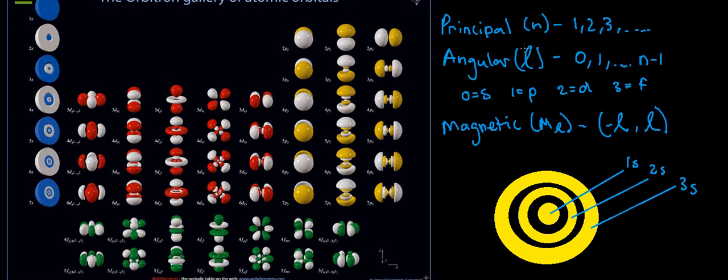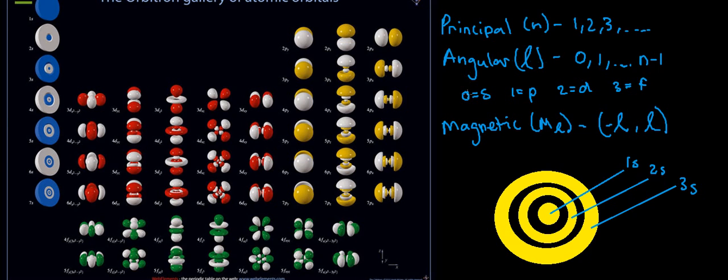The principal number has integer values, so it's 1, 2, 3, 4, 5, 6, 7, that kind of thing. The angular number goes from 0, 1, 2 up to n minus 1. The magnetic quantum number goes from minus the value of the angular number to positive that number.